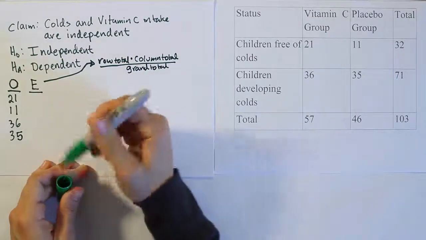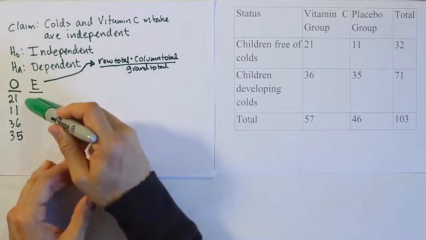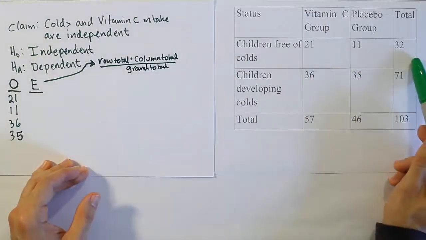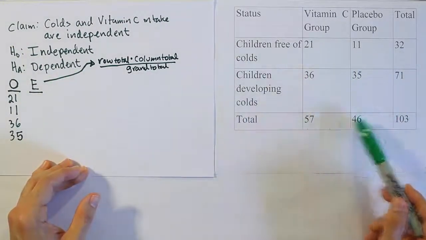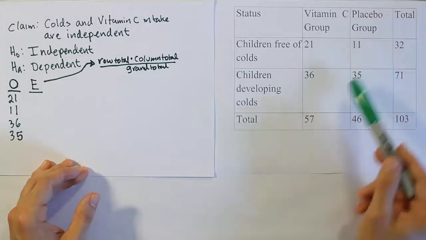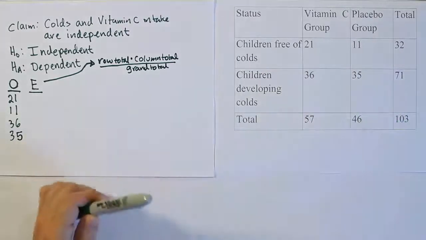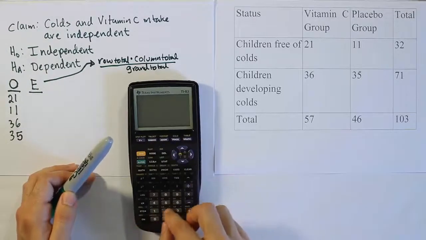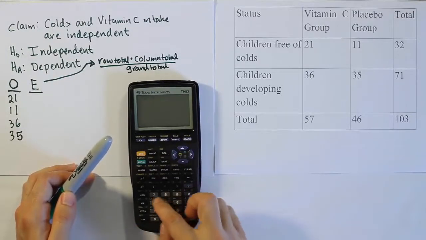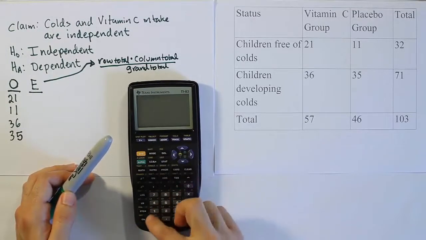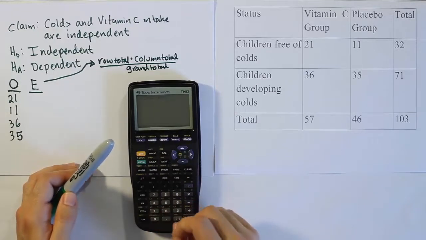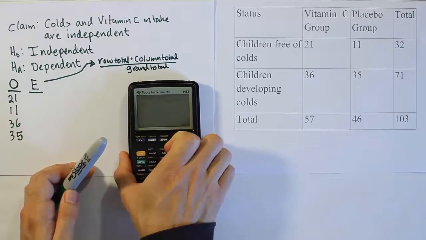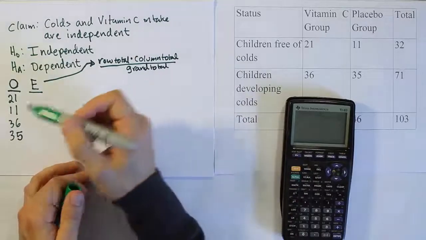So for our first value here, 21, we want to find the number in the row total, the number in the column total, and then the grand total. So it's going to be 32 times 57 over 103. So we'll put that in our calculators and see what we get. 32 times 57 divided by 103. When you do that, you get 17.709.